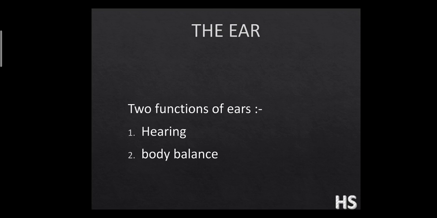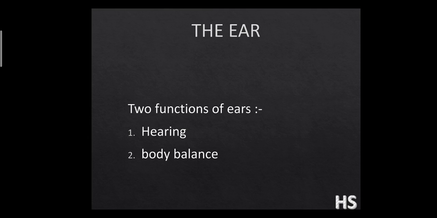Now ears. The ears function for two things, that is hearing and body balance. Hearing means what? As we have covered each and every part of the ear, the pinna, which is the outermost, helps to collect the sound waves, which travel into the auditory canal. There is one tube inside our body which is called the Eustachian tube.